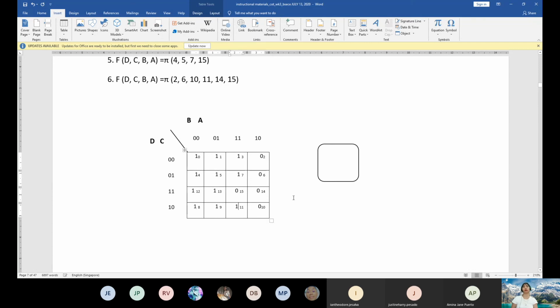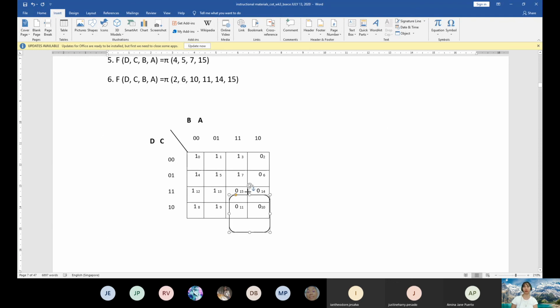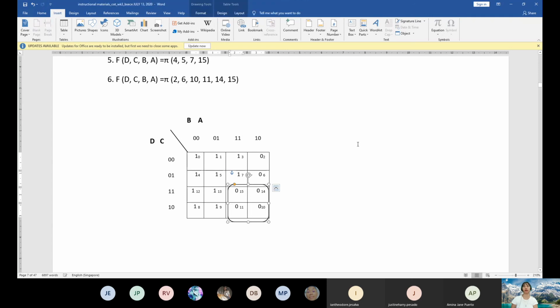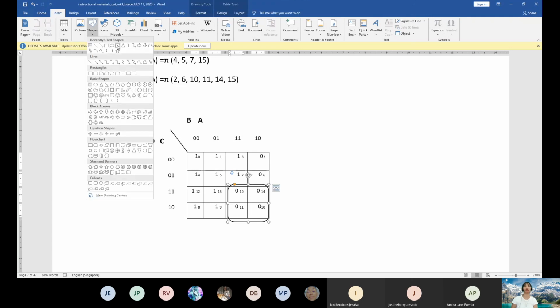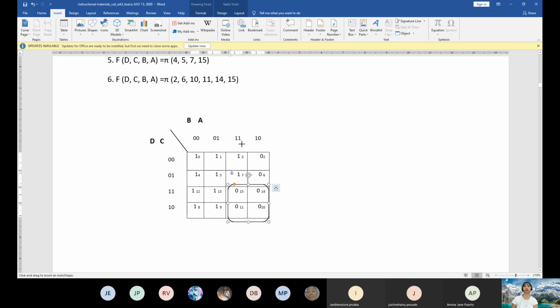Sorry, 11 is also zero. So how many? 1, 2, 3, 4, 5, 6. We have 6 zeros. So we can have this loop and another loop.